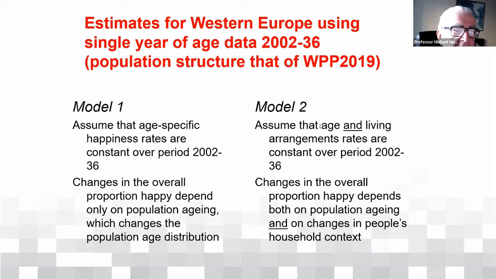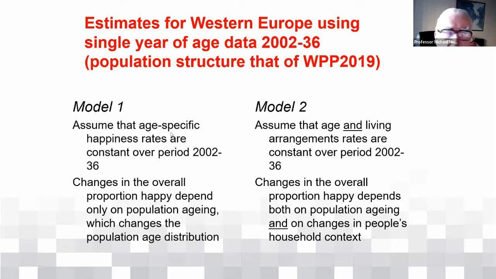In the second model we assume that age rates are constant, but also living arrangement rates are constant as well. And again, we therefore see that the changes in the overall proportion, which is a weighted average of all the components, depend both on population aging and on changes in people's housing context.